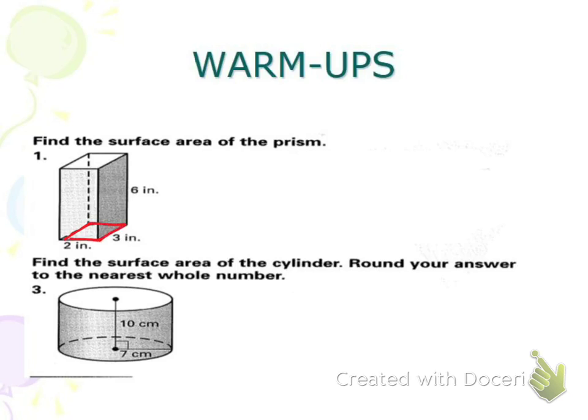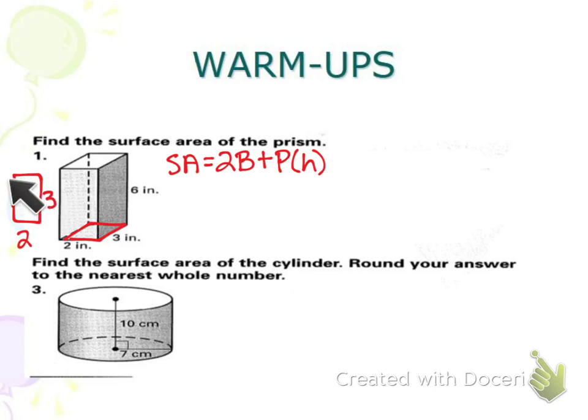So remember we talked about drawing out your base and labeling it, because that might help you when it comes to our surface area formula. To find surface area of a prism, we've repeated the formula a couple times already today. 2 times capital B plus P times H. What does capital B represent? Area of the base.